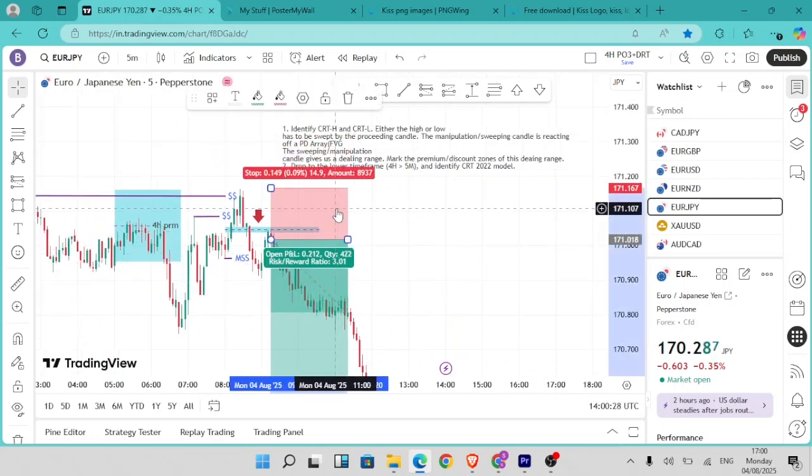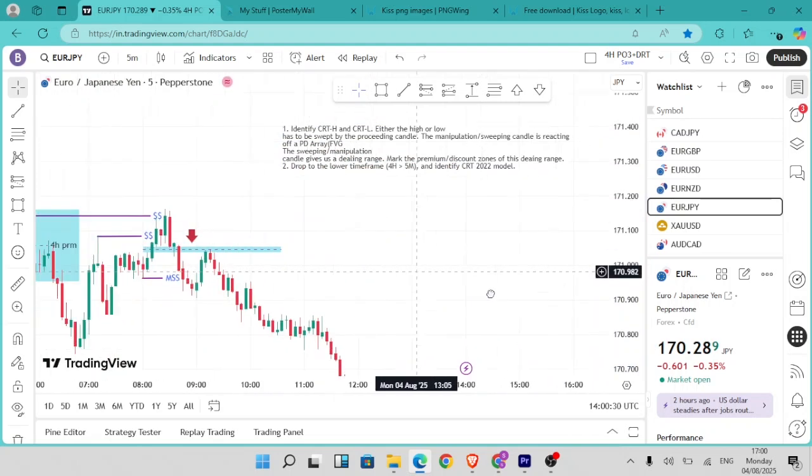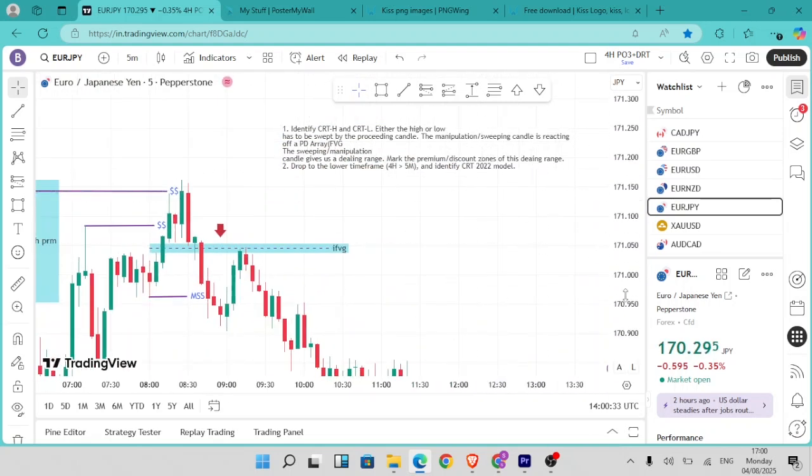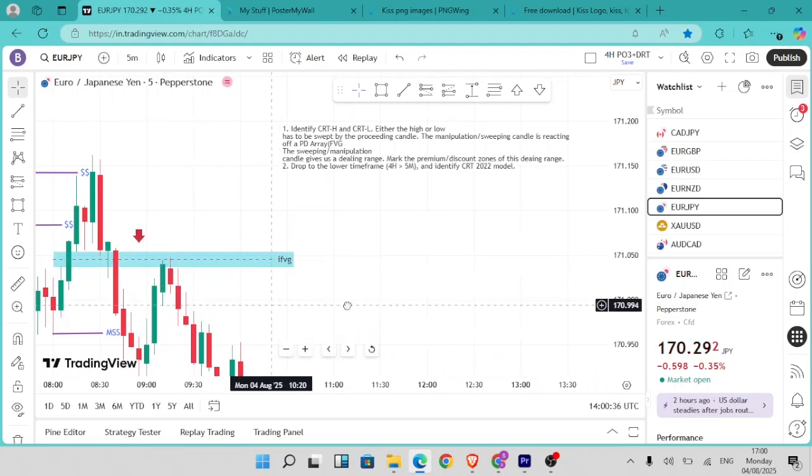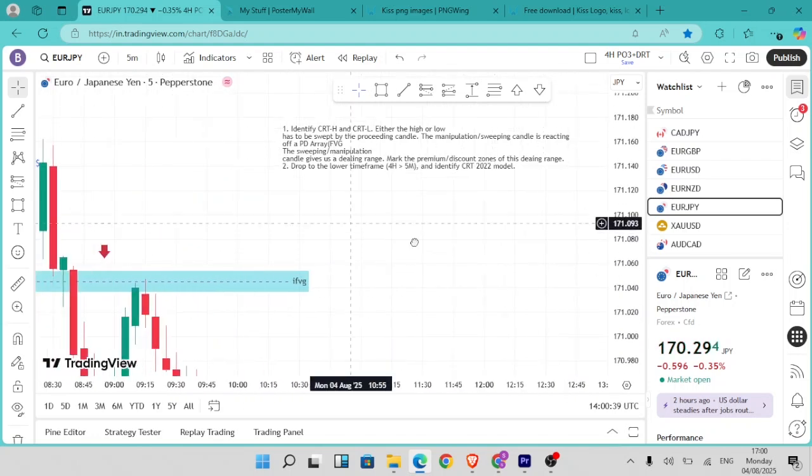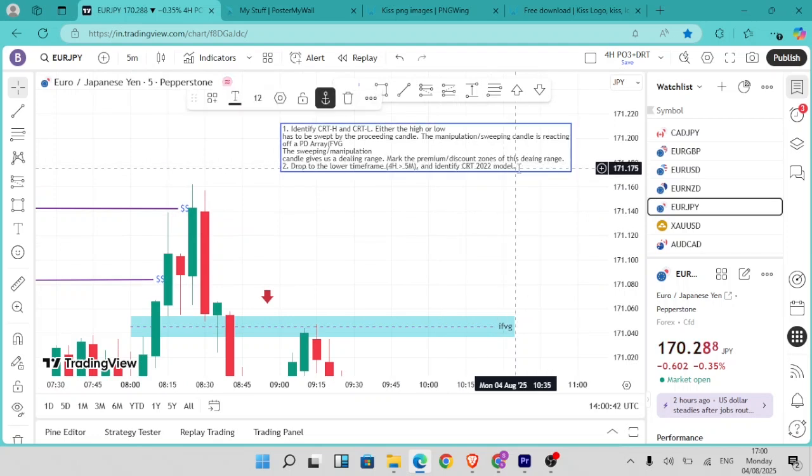So that is the ICT 2022 model, but we will be adding another layer of dealing ranges to this situation right here. So ICT 2022 model, let me just write that down. Identify a liquidity sweep or liquidity raid, followed by a market structure shift.